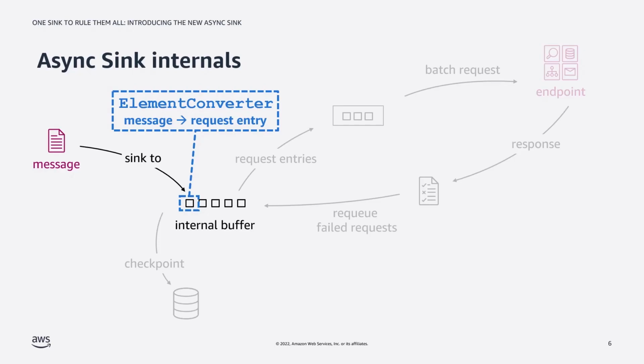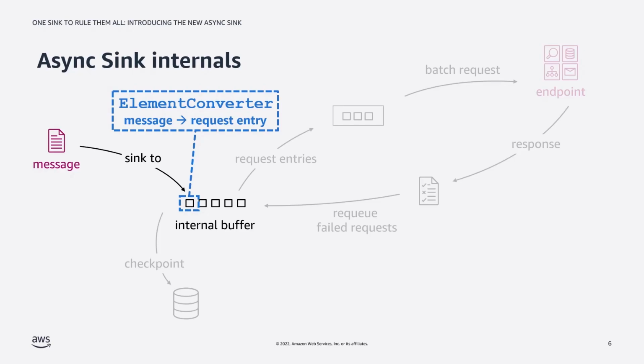If you think, for instance, of a streaming system, when you write a message into a stream, you need to specify the data or the payload, and often you also need to specify a partition key. And this is what the element converter extracts from the message.